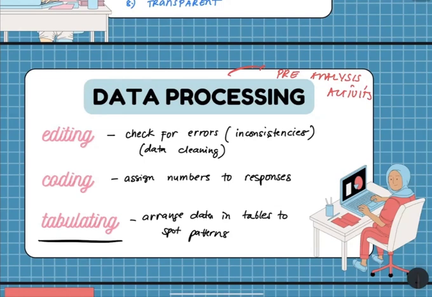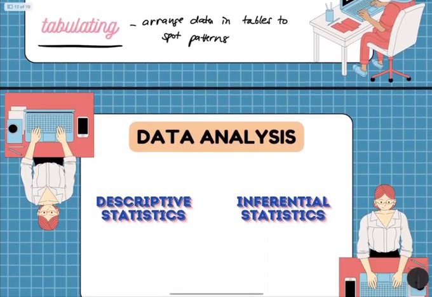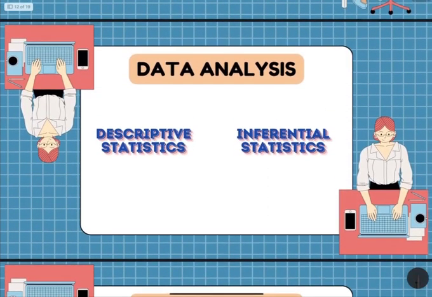Okay, yes, we are done with the data processing pre-analysis. Now we will move on to the proper data analysis. Data analysis can seem daunting, but it's just about making sense of numbers. Me personally, I'm not a fan of mathematics, but if the math is in research, that's very interesting for me.